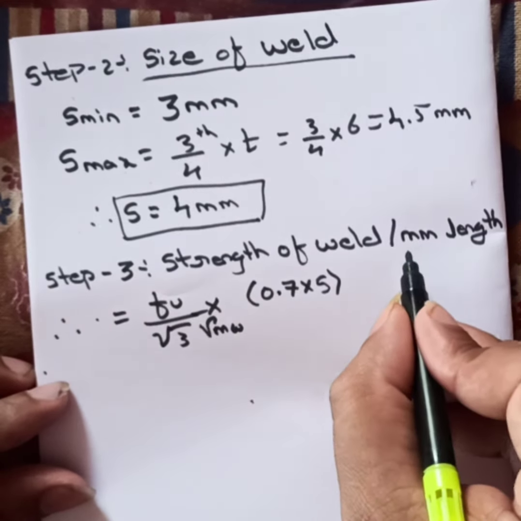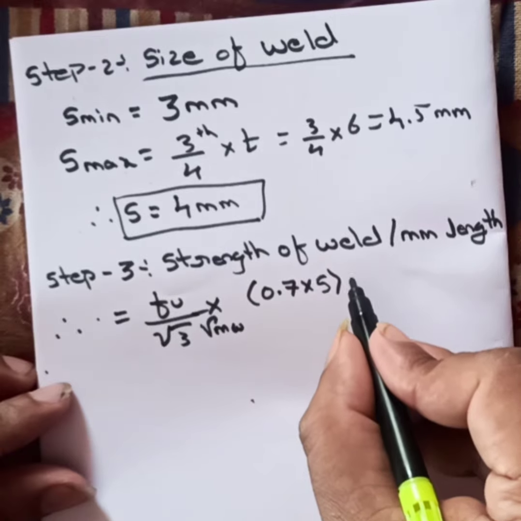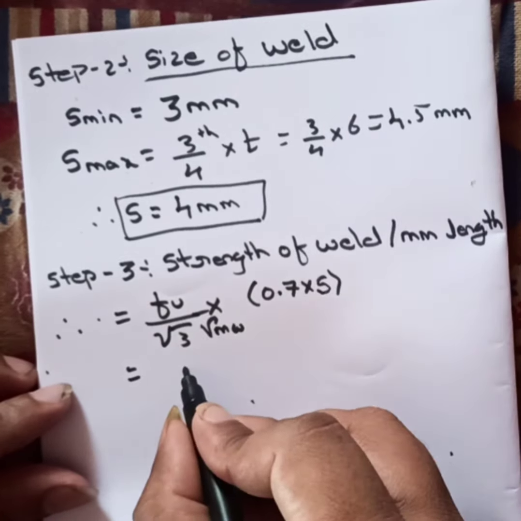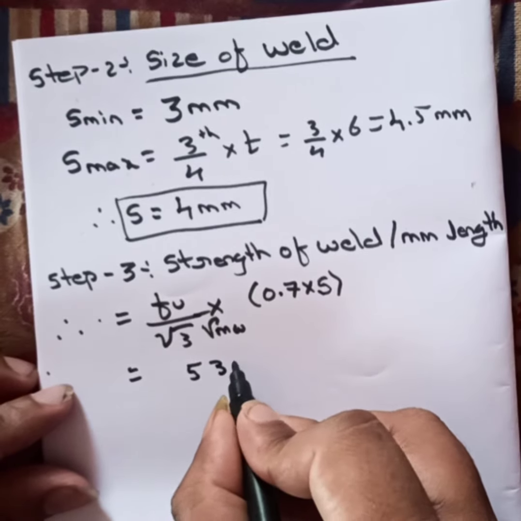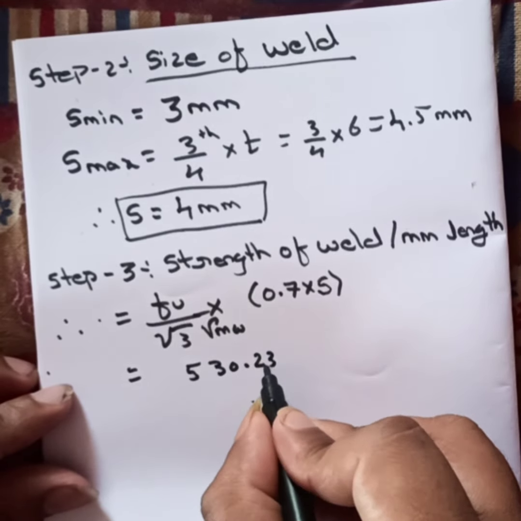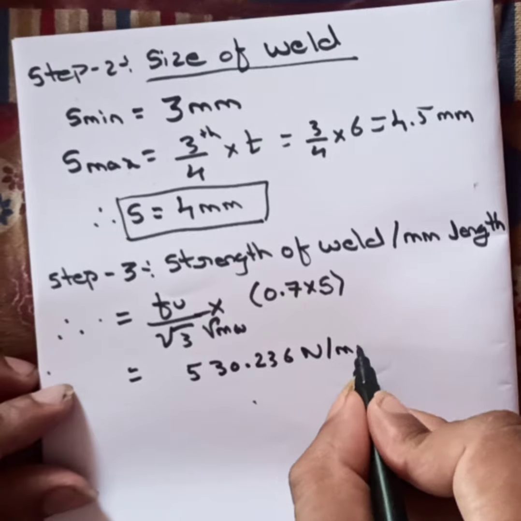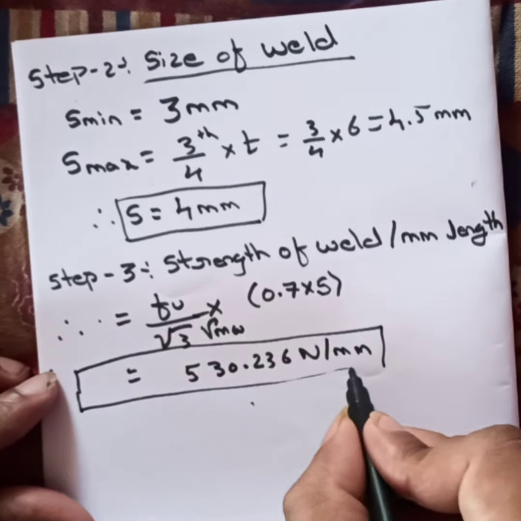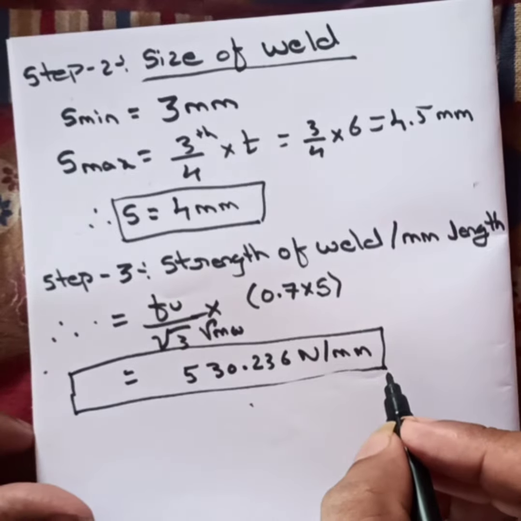So substituting all these values, I will get 530.236 Newton per mm. This is the strength of the weld per mm length.